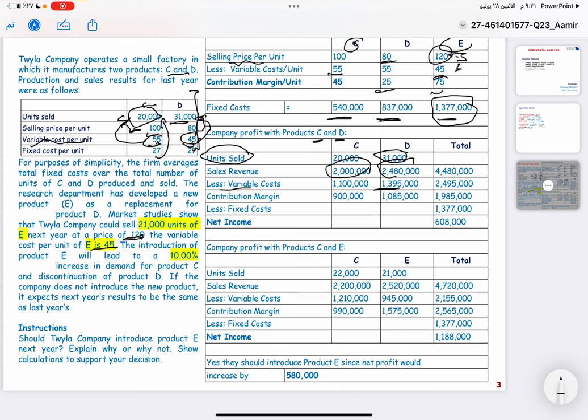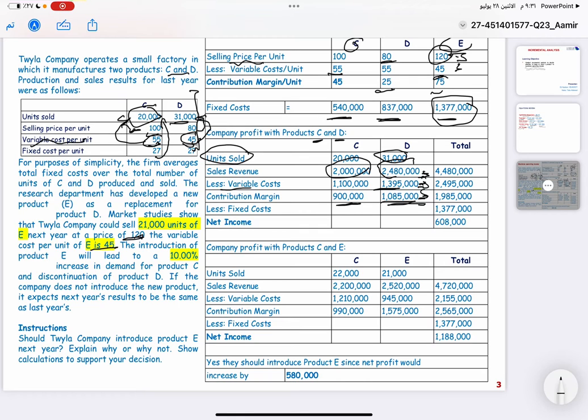Okay, contribution margin, as we know, we subtract the variable cost from the sales revenue, which equals 900,000. Here it equals 1,085,000. The total for each one is like this.